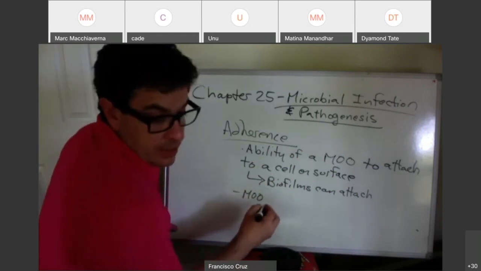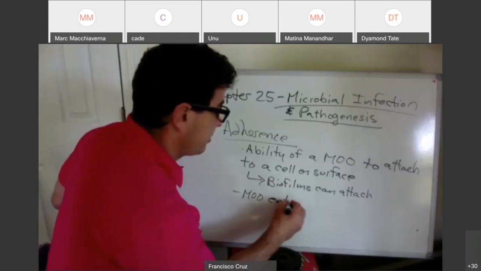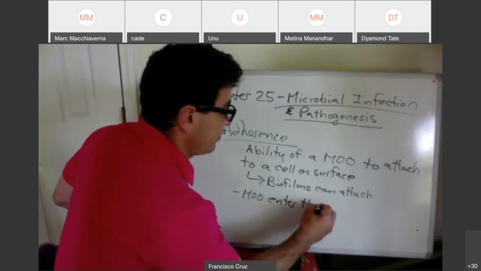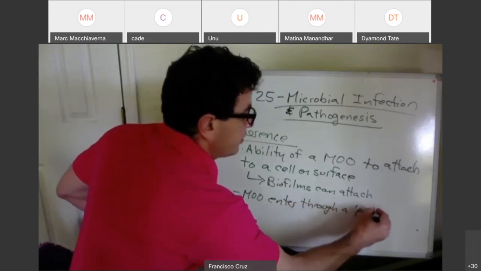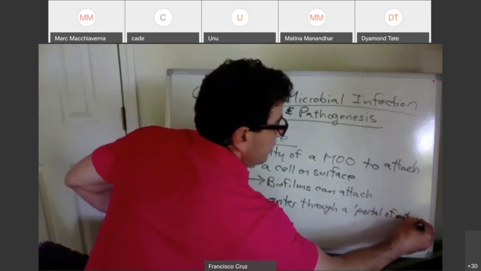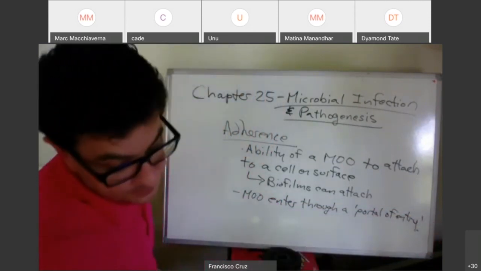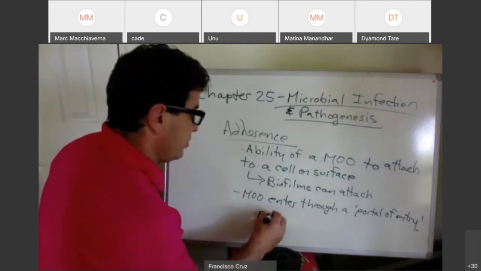Microorganisms can enter somehow through a portal of entry. Somehow. Okay. Puncture, wound.